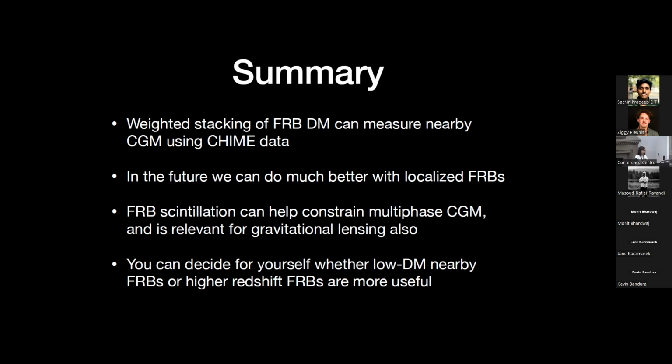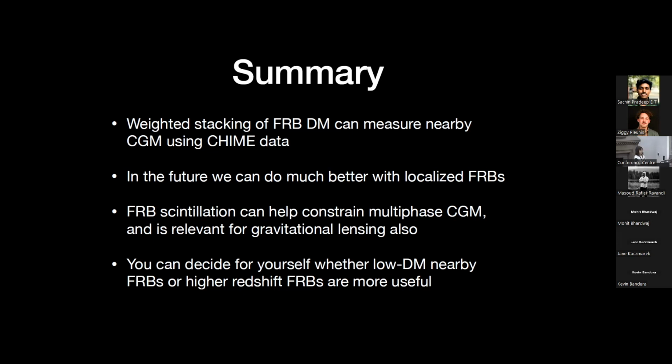You say the low DM one is maybe the most constraining. But there you're not making a detection. All you get is an upper limit for the CGM of the Milky Way and the host. So I wonder if you could expand on that a little bit. You're really only measuring the CGM of one galaxy, the Milky Way in that case, even though it's a much cleaner measurement. Agree?